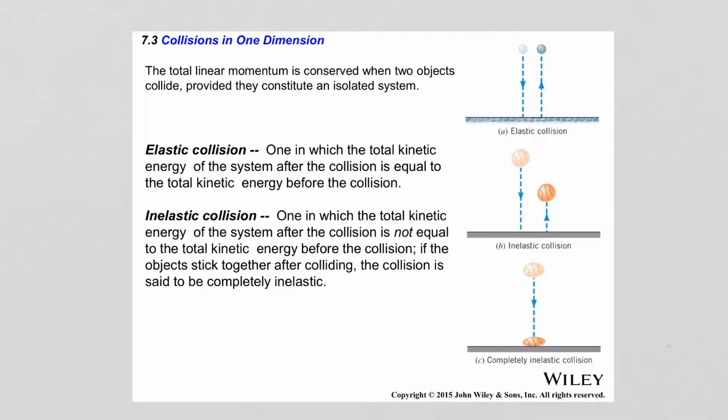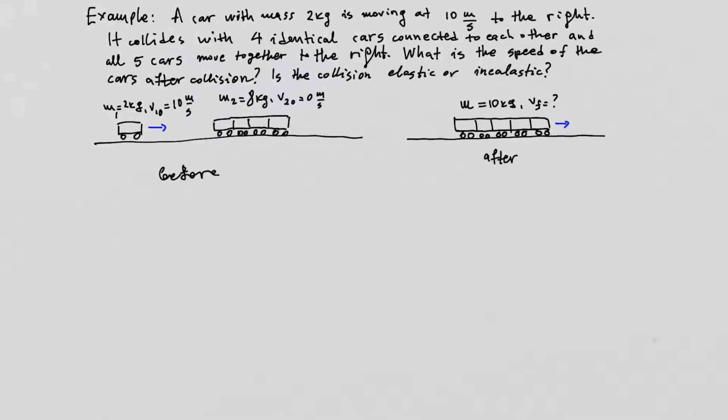Another example of completely inelastic collision would be two train cars colliding with each other and then moving together as one object. That's an example where the kinetic energy before and after collision for the system is not the same. Let's look at the following example and how we can apply conservation of linear momentum in the case of inelastic collision.